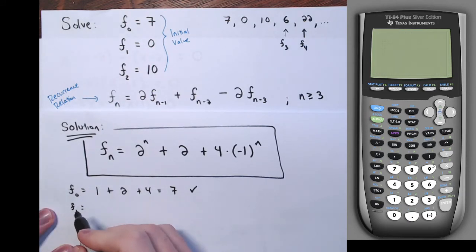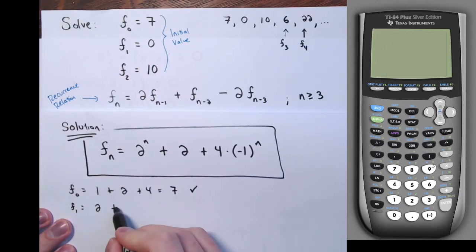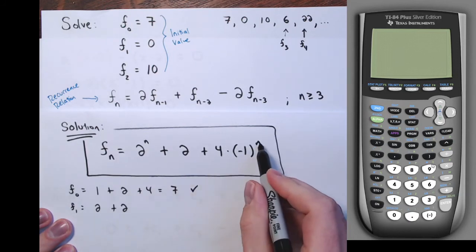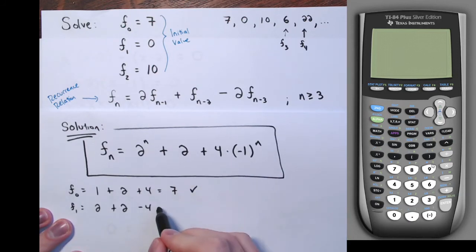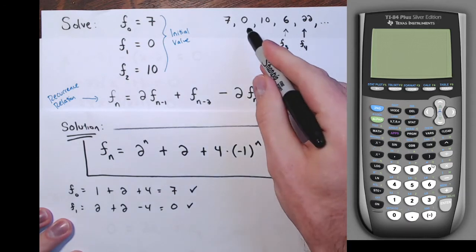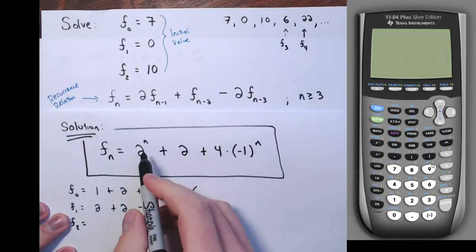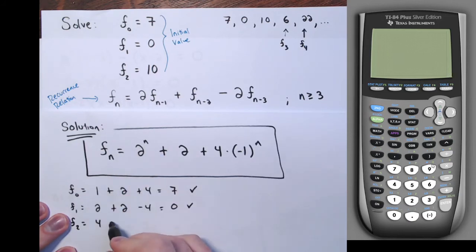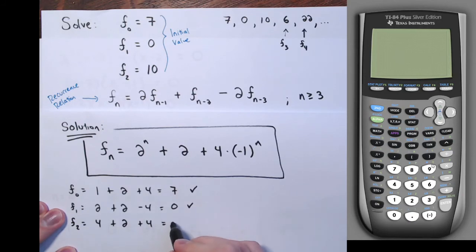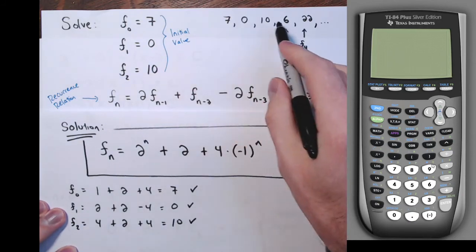F1 would be 2 plus 2, and then -1 to the 1 is -1, so -4. Hey, that's 0. So far so good. F2 would be 2 squared plus 2, and then plus 4 again. That's 10. Hey, 7, 0, 10. Working out.